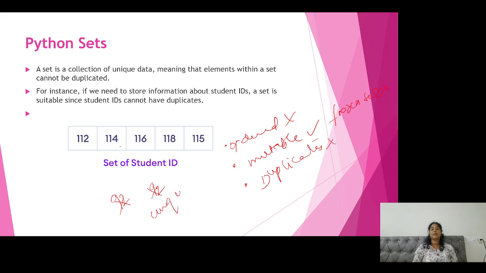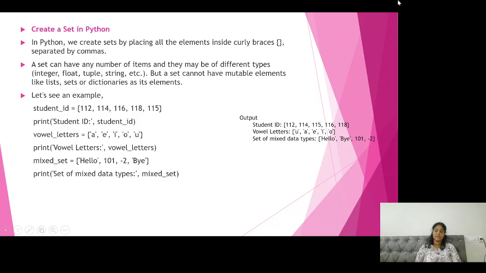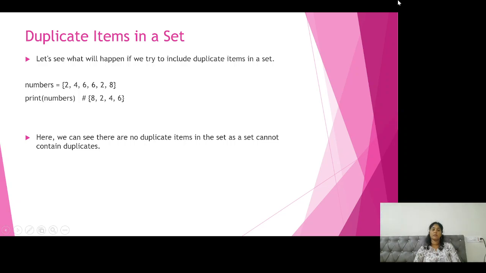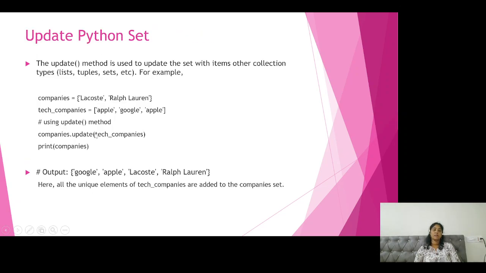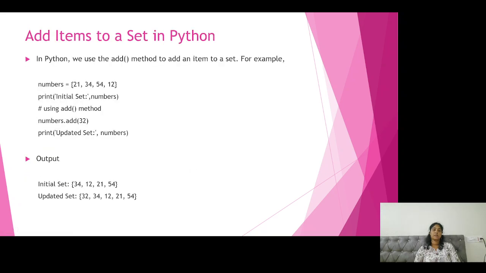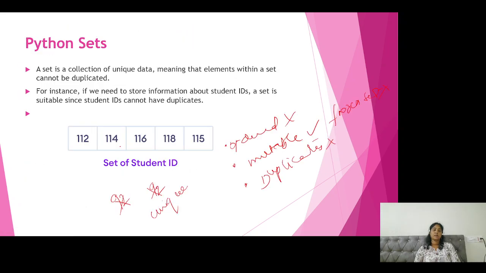It cannot be duplicated, meaning no two persons should have the same Aadhaar number. Similarly, roll number. Each student will have only one roll number, which cannot be duplicated. Then we have to go with sets.